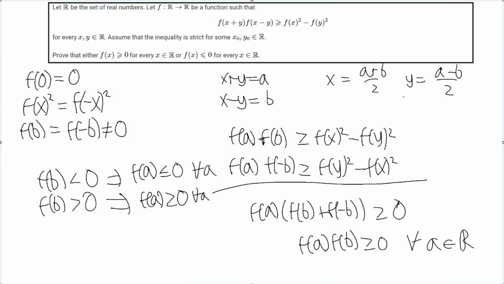So what's the main takeaway from this problem? Well, our main motivation came from trying to use this rather strange problem condition, that the inequality is strict for some x0 and y0. And from there, we tried to see what happened when we swapped variables, because that gave one of the earlier claims of the problem, namely this.